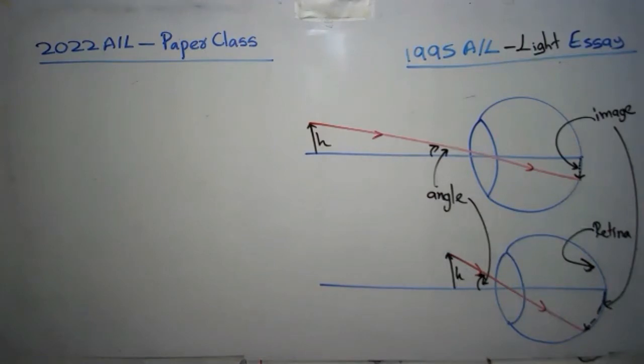Even if you have a larger object, if that object creates a smaller angle, the image seen by the eye will be a smaller one. If you want, you can argue that distance is also a factor, but you can directly explain the size by considering the angle. No need to worry about the distance.